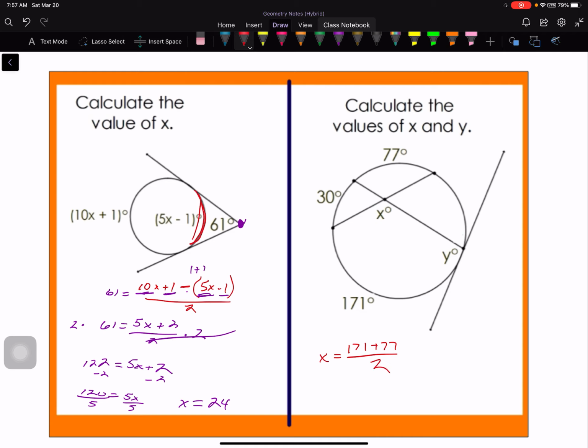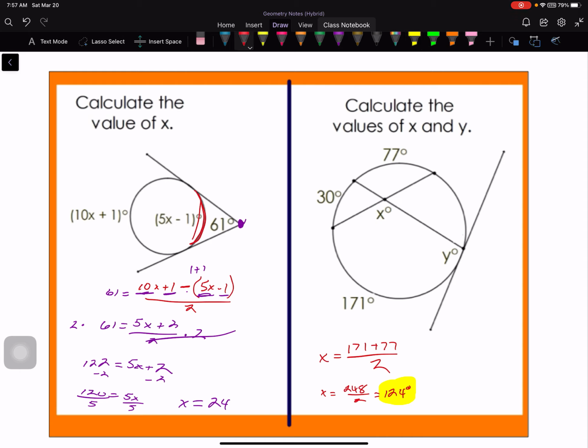So 171 plus 77 is 248. Divide that by 2. And you get 124 degrees. So there's x.